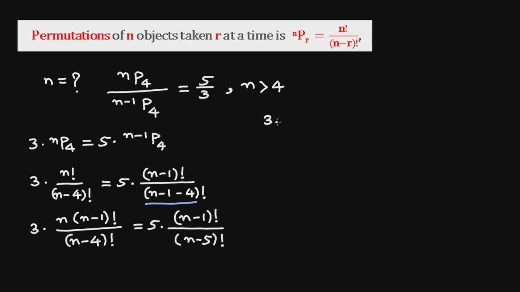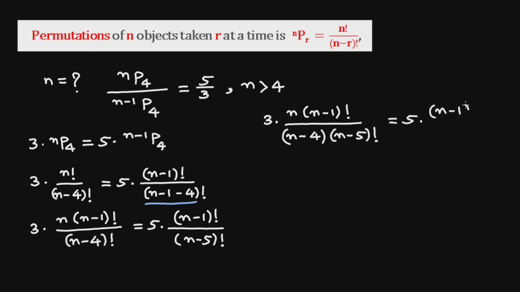This will be 3 into n minus 1 factorial upon, we write n minus 4 factorial as n minus 4 into n minus 5 factorial, equals 5 into n minus 1 factorial upon n minus 5 factorial.